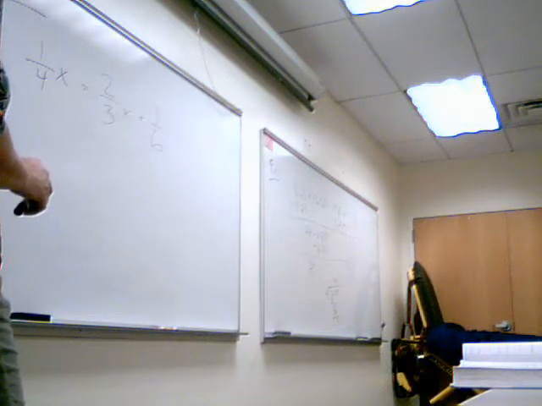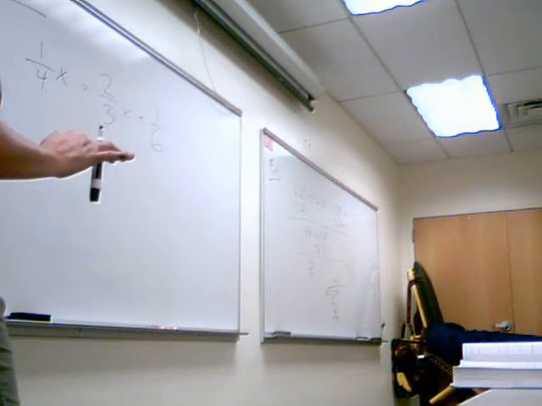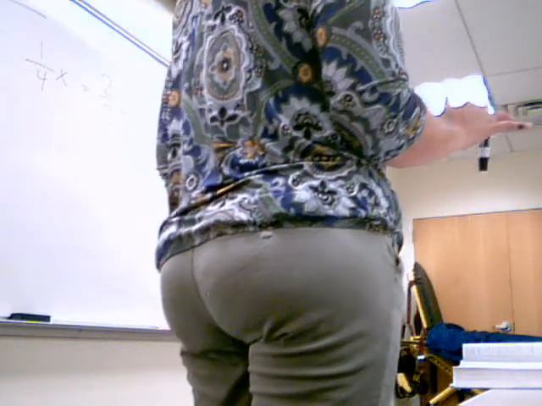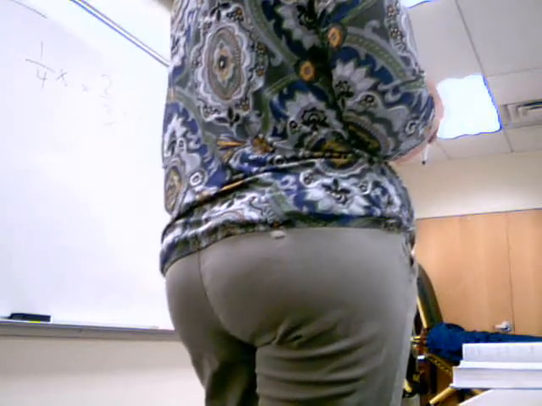So what we're going to be looking for here to clear our fractions, and clearing fractions is really nice because within one step you don't have fractions anymore, and that's really good news, right? So I always have to look for what my least common denominator is, my LCD. What is it in this case? 24.